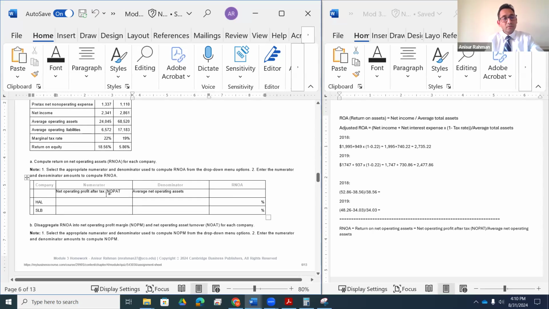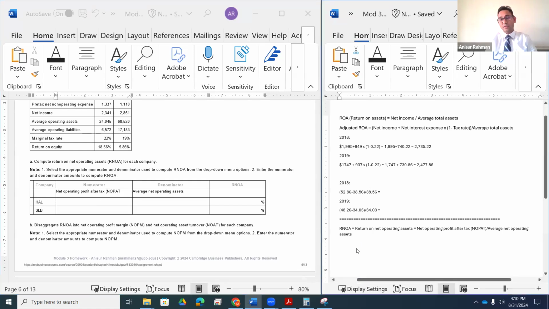Now, net operating profit after tax. How to calculate net operating profit after tax, or NOPAT in short. There are multiple ways to calculate NOPAT.